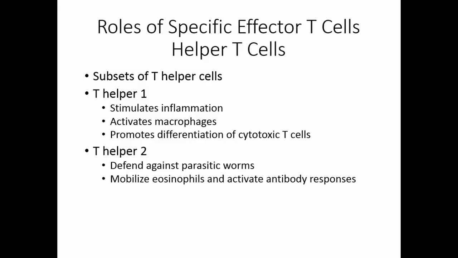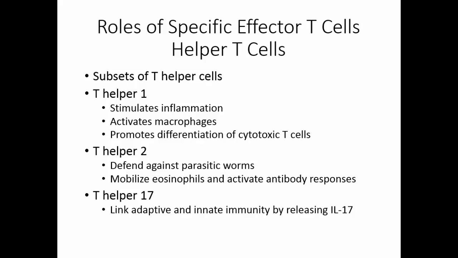One of the things it does is mobilize eosinophils, and you'll remember that the granules in eosinophils were digestive granules that would help digest away the attachment parts of the parasitic worms. It also activates antibody responses. The T helper 17 is a link between the adaptive and the innate immunity. It releases interleukin 17. Interleukin 17 is what promotes the inflammatory responses.